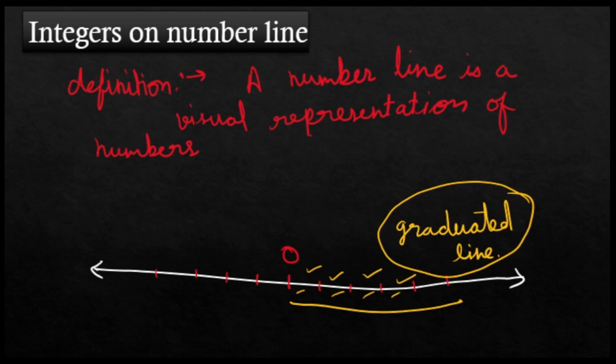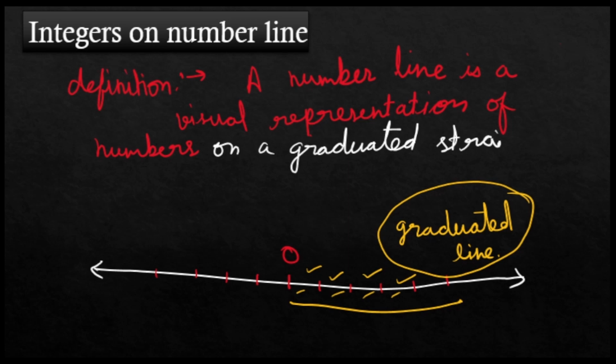A number line is a visual representation of numbers on a graduated straight line, so I will write straight line. This is the definition of integers on a number line.